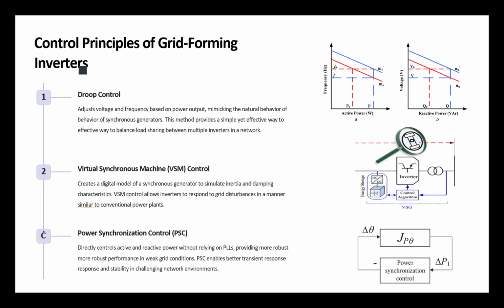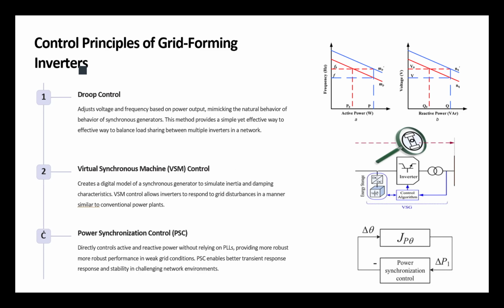What defines the grid following and grid forming is basically how we deal with the control system, how we control those switches, how we control the injection of the power at the terminals. Okay, so same goes here for grid forming. All come back to the control system.